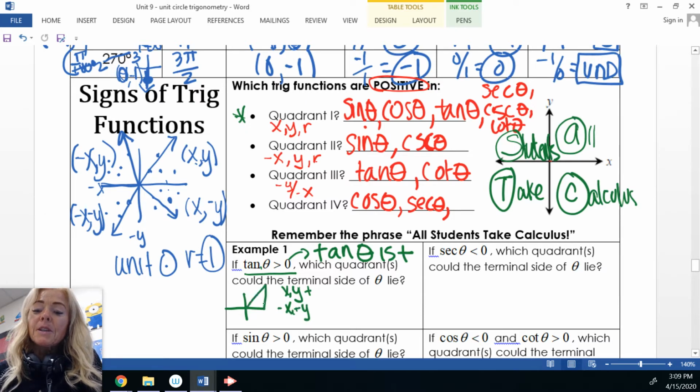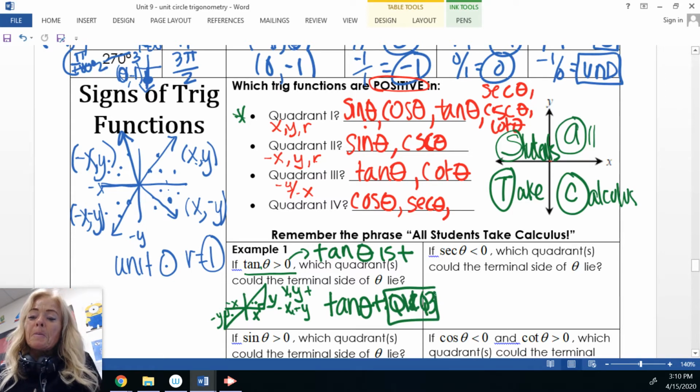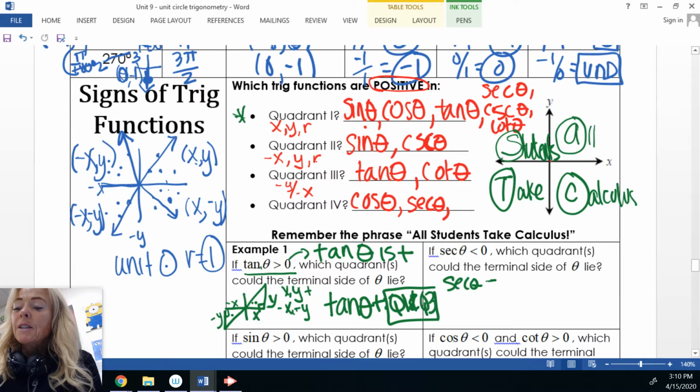Here we have a positive ratio of y to x, and here we have a positive ratio of y to x because they're both negative. So tangent theta is positive in quadrant 1 and quadrant 3.